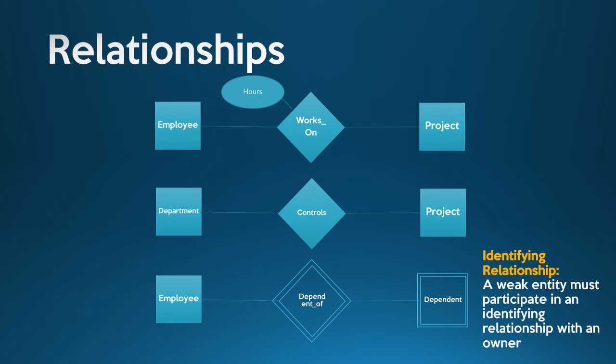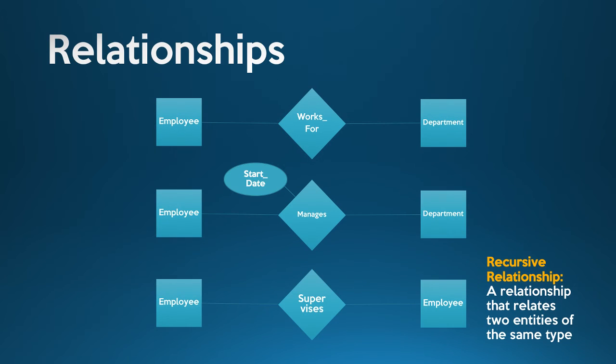So you can do hours, let's say, right? So you can see how many hours they worked on a specific project. And it was actually the same thing with employee manages department. So for this employee manages department, you can see what the start date of the manager was. So start date for that manager. So as you can see, relationships also have attributes. You can get a lot of data, a lot of information out of the relationships. All right.